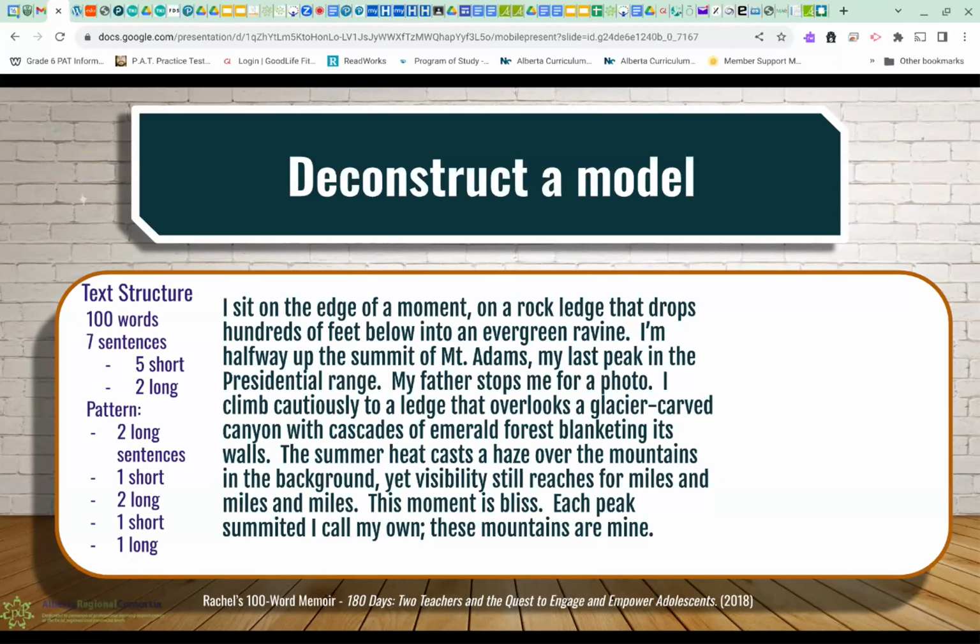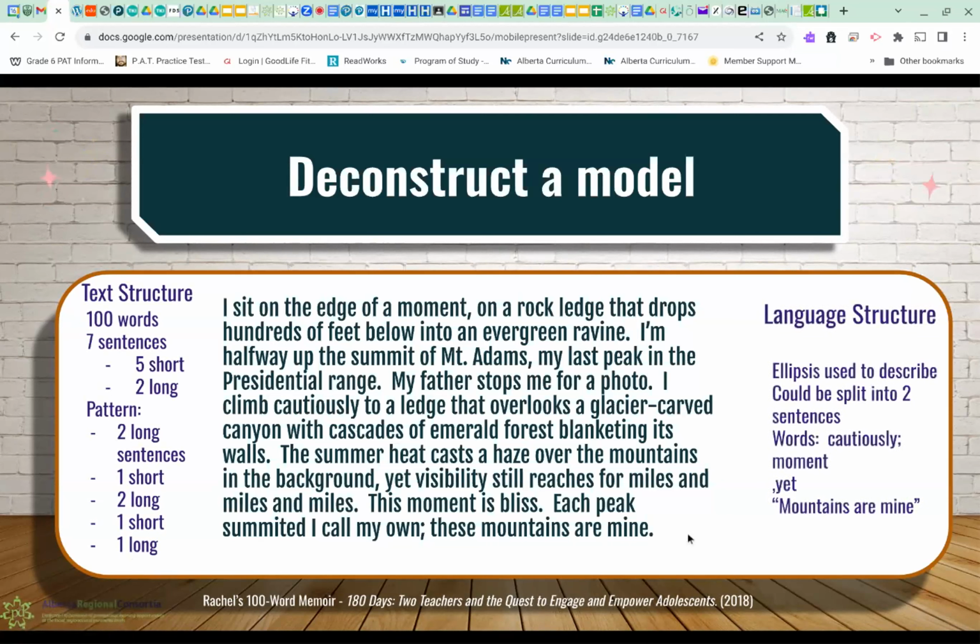And then if we look at the language features, tap again. In the language structures, we have some ellipses used to describe. It could have been split into two sentences, but why are they joined by that comma? And even introducing the word "cautiously" to students, or "the moment," or the comma "yet, the mountains are mine."